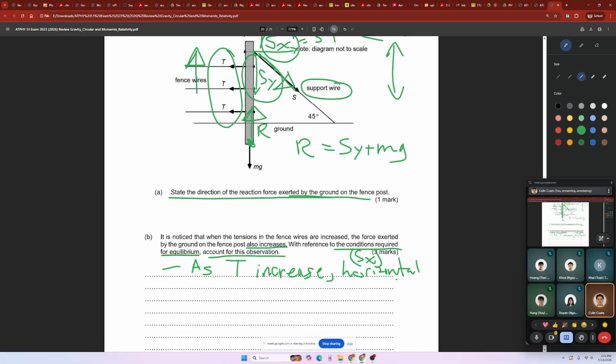But you should really say horizontal component of S must increase, for equilibrium.